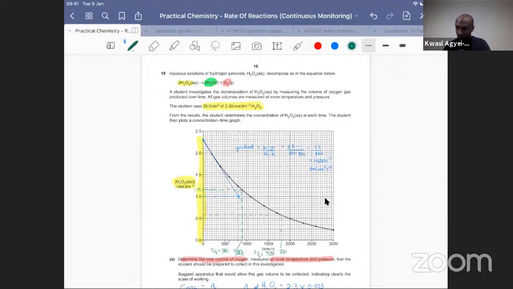Okay, if we just do another one for sort of peace of mind, so divide 0.575 by 2. That takes us to 0.288, so 0.3.